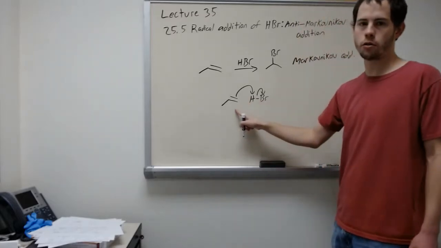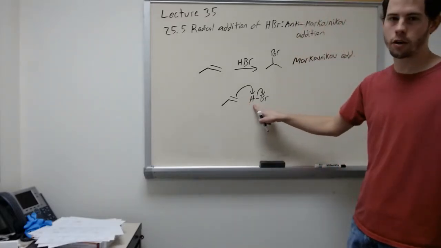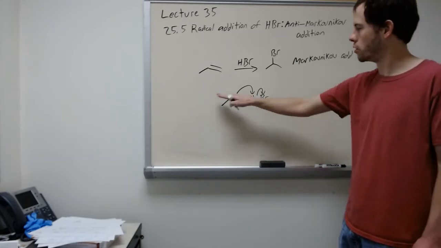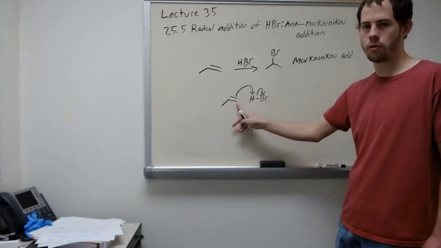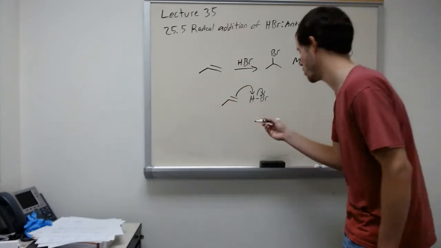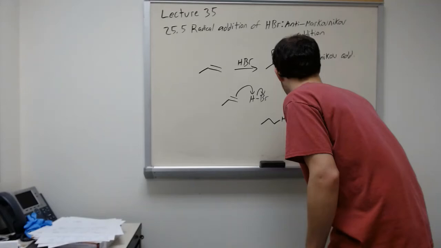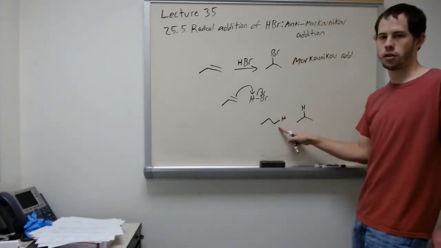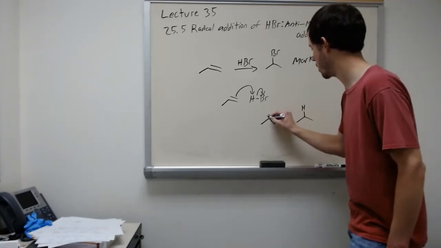our alkene is nucleophilic. We have a partially positive charge on the hydrogen, and so it swings out and grabs the hydrogen. We can either swing out and put the hydrogen on this carbon, or we can swing out this way and put the hydrogen on this carbon. So I'm going to draw out both of those. And if we put the hydrogen on this carbon, we now have a carbocation here.